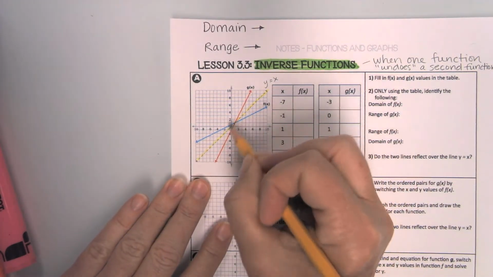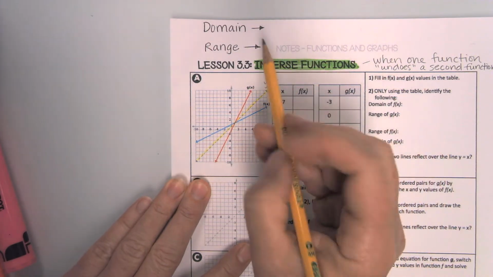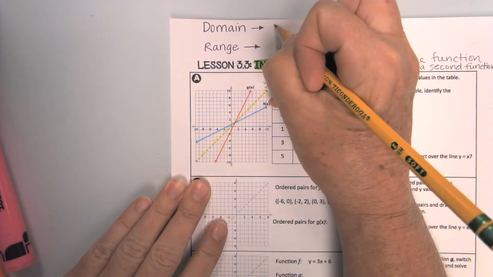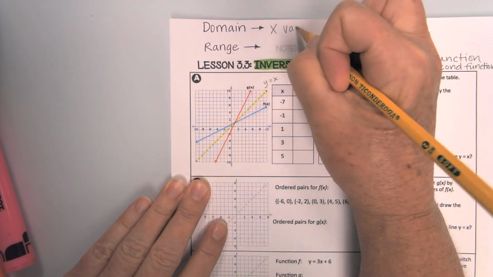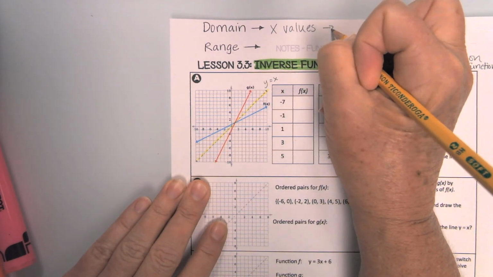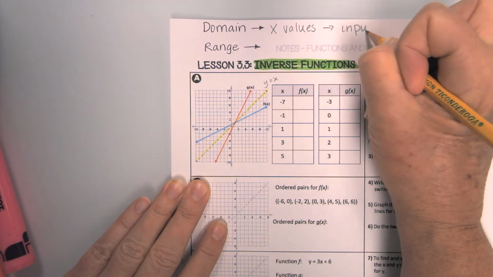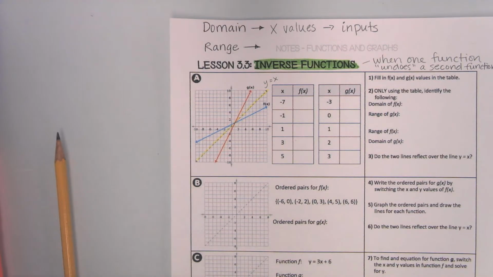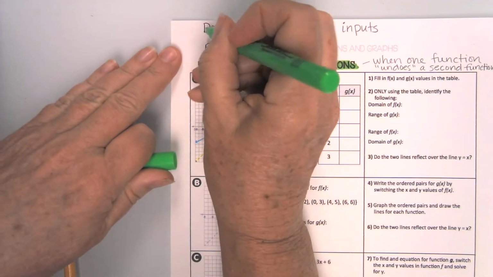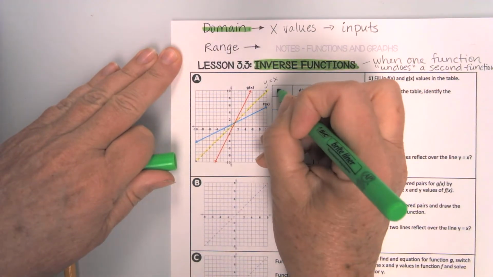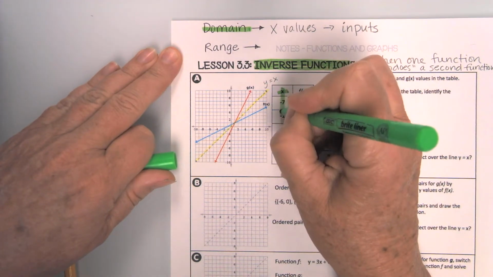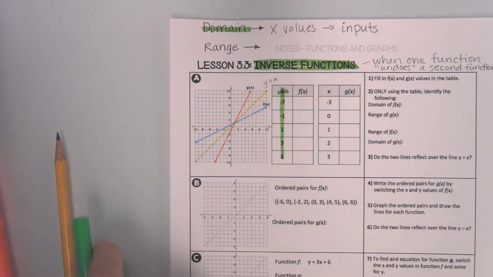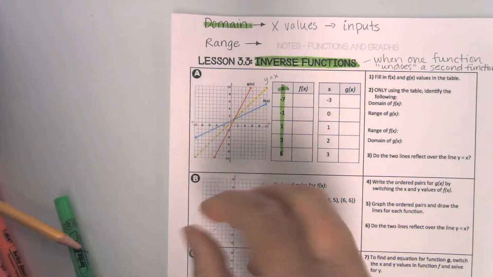In order to understand how inverse functions work, you need to remember what the domain and the range are. The domain is your x values. They are your inputs. Then I have my range.